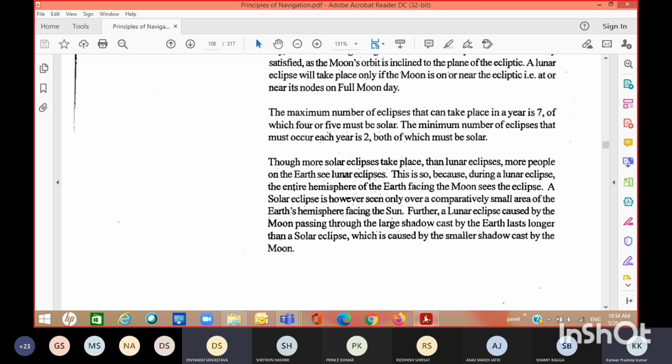Yeah, for a solar eclipse the umbra and the penumbra form a narrow cone, because the moon is small and it casts a small shadow on the earth. Shadow भी small है moon का और इसीलिए कम लोग देखते हैं. But the earth's shadow is big.